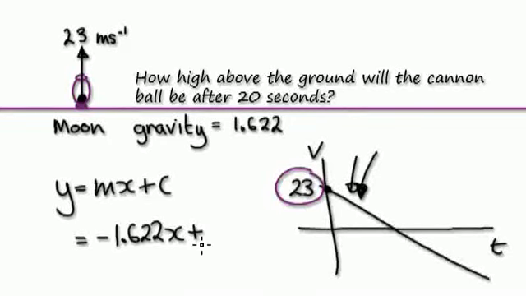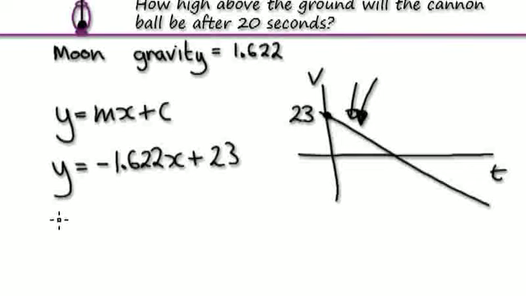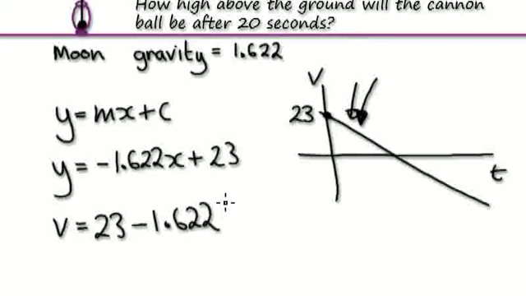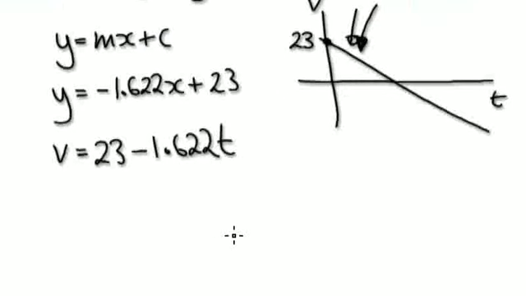The intercept is this here, 23. So now tidy things up: velocity equals 23 minus 1.622 t.